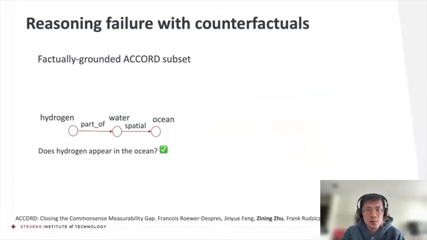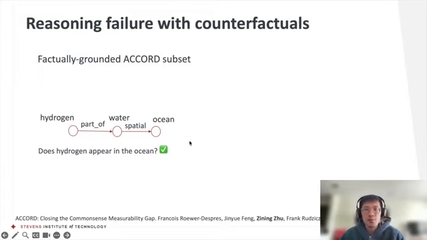So with common sense, the models could answer questions like, does hydrogen appear in the ocean? And inside the reasoning chain, we can figure out an abstract structure of the common sense reasoning, going from hydrogen to the ocean.